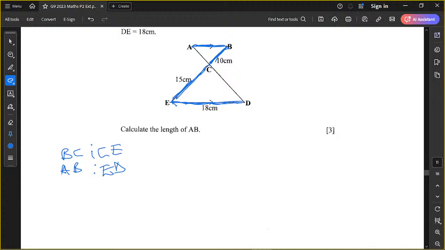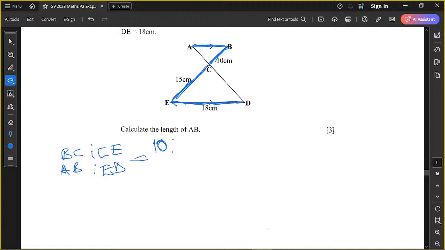Once we've done this, we can now replace the names of the sides by the measurements. So BC is how much? BC is 10 centimeter. Since it is a ratio, we're not going to put units, but later on, after we get the answer, we shall put the units.